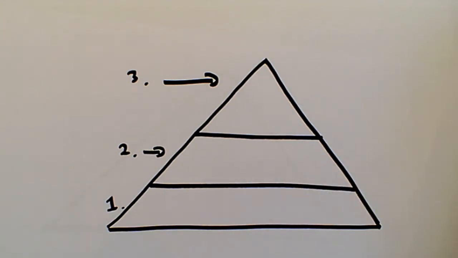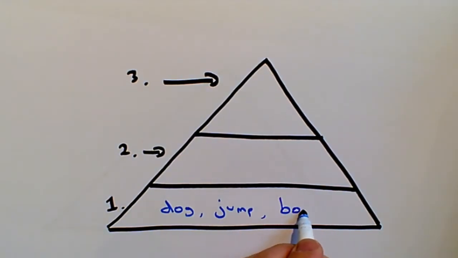At the bottom, tier 1, are the kind of basic words we use every day, like dog, jump, book. The very familiar everyday vocabulary. It's generally not taught in school, particularly not once we're past the early years.